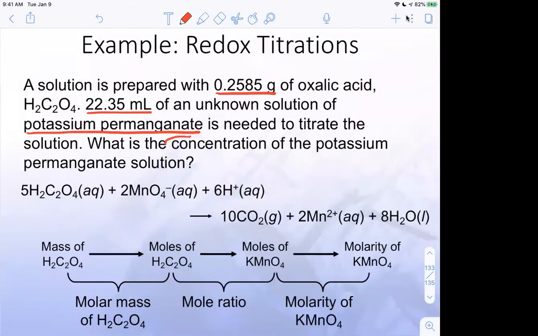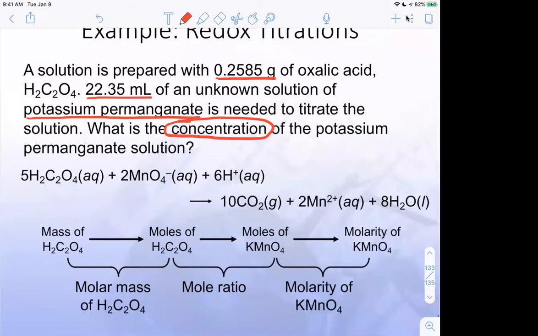So I want to know, using this titration, I want to be able to calculate what the concentration, the molarity, of that potassium permanganate solution is. So I'm going to use my balanced chemical redox reaction. From the mass of oxalic acid, if I know the molar mass of H2C2O4, I can calculate the moles of oxalic acid.